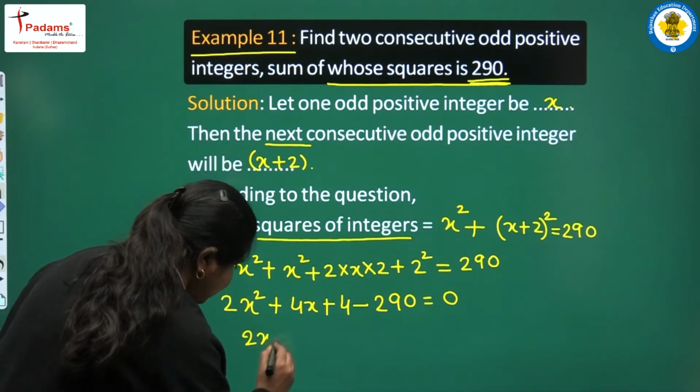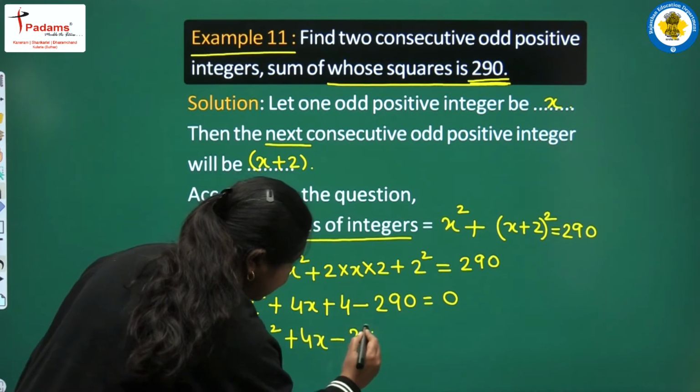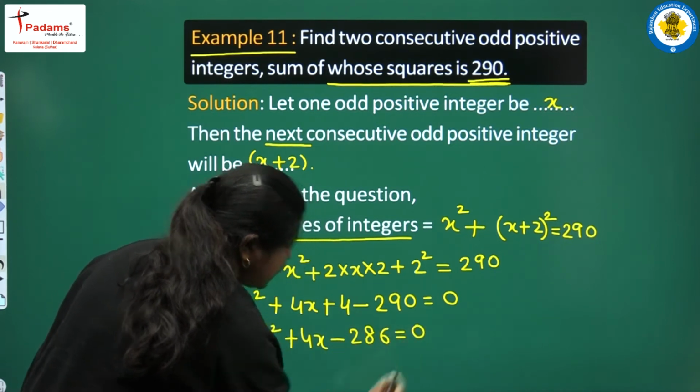Simplify again, 2x square plus 4x minus 286 equal to 0.